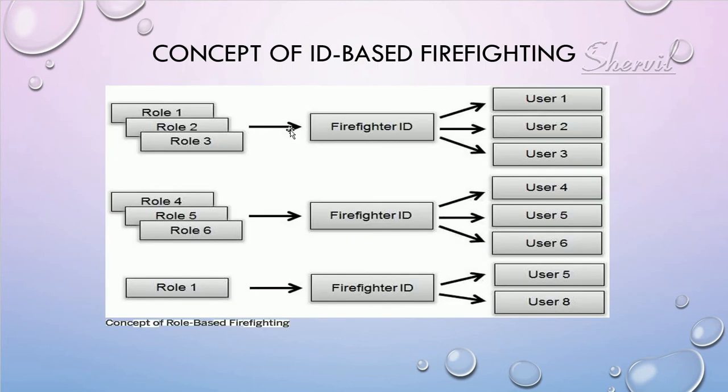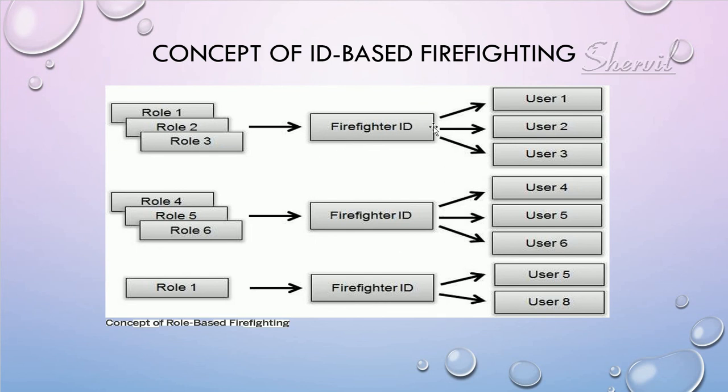Now, the concept of ID-based firefighter: the roles are assigned to the firefighter ID. These roles and the firefighter ID are in the backend system, the child system, which is going to be ECC, BI, or whatever, the plugin systems.